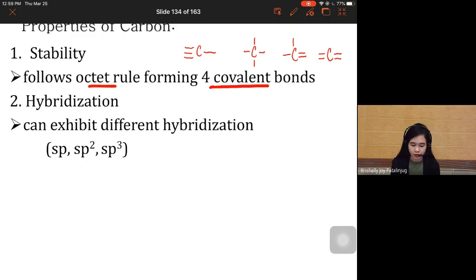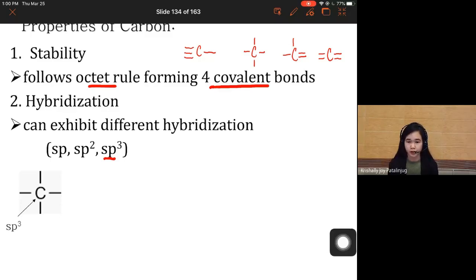So kailan siya sp3? When the central carbon element is in tetrahedral orientation, meaning it has 4 electron groups surrounding itself, the central atom is sp3 hybridized.